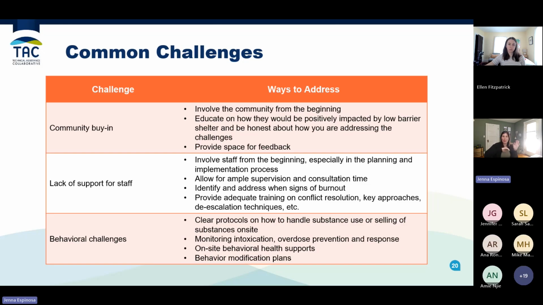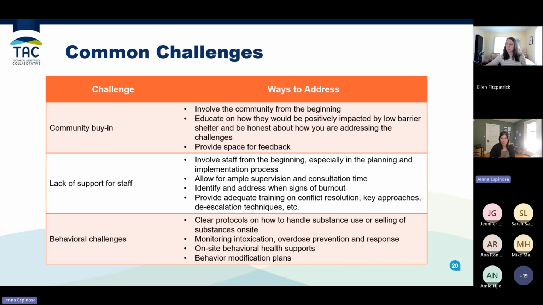And I want to be clear, by saying low barrier shelter, that does not mean that you're allowing active substance use or selling of substances on site. We're not saying you become a site like that. It just means that you are creating situations where people who might be actively using substances can come inside.